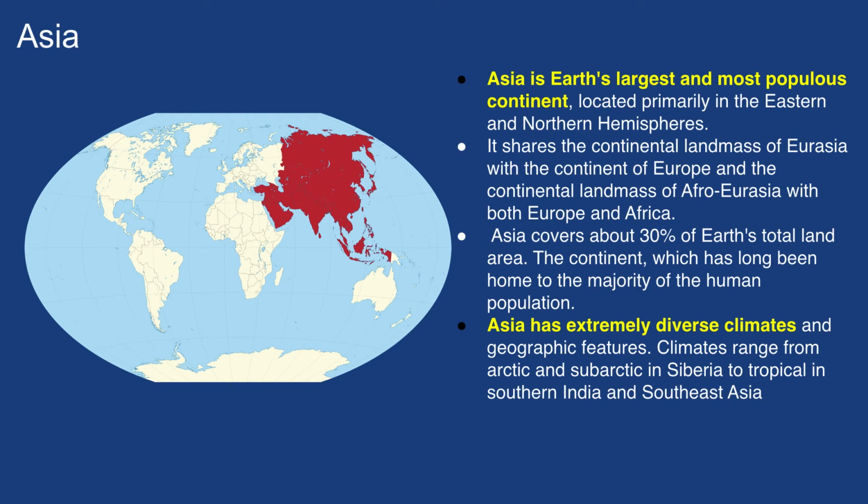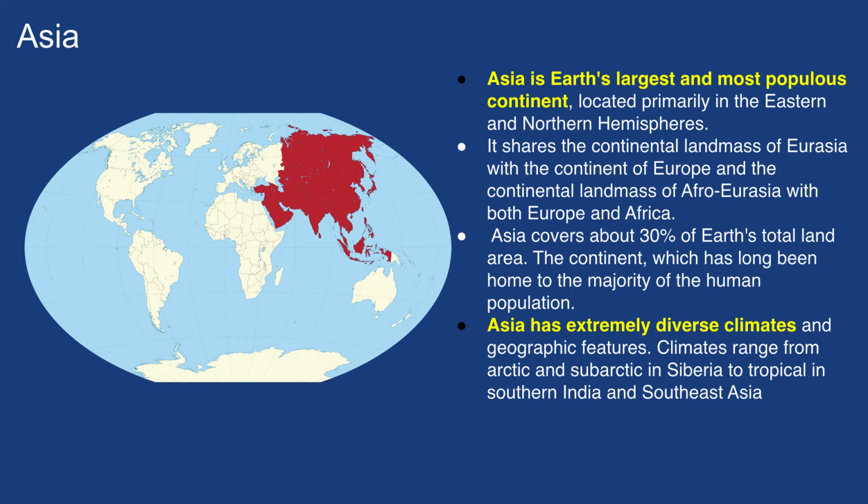Next, we have Asia, which is the largest and most populous continent. It is located primarily in the eastern and northern hemisphere. It also shares the continental landmass of Eurasia with the continent of Europe and the continental landmass of Afro-Eurasia with both Europe and Africa.